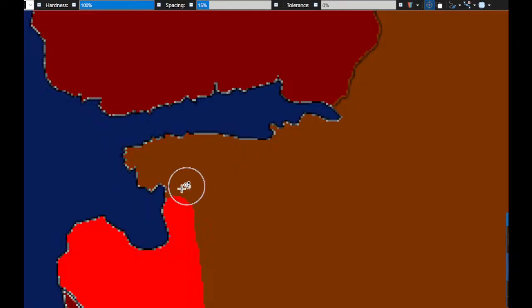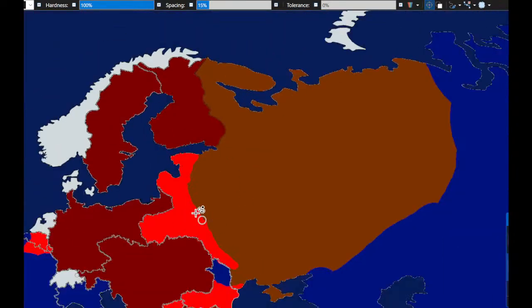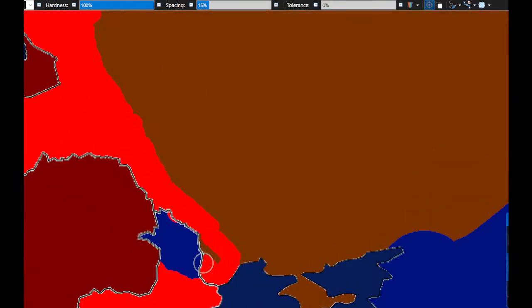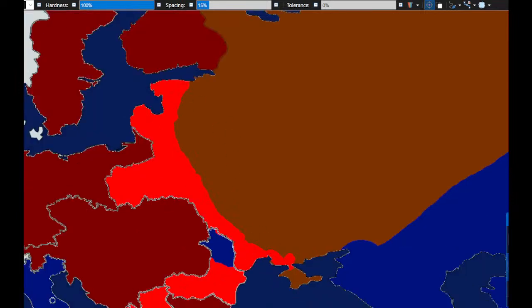So the Germans began... Oh yeah, basically the Russians don't really want to continue the war, but they don't want to peace out with the Germans either. Well, they don't want to give up territory is what I mean.